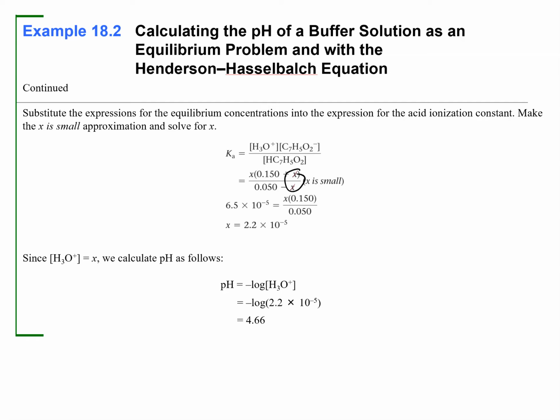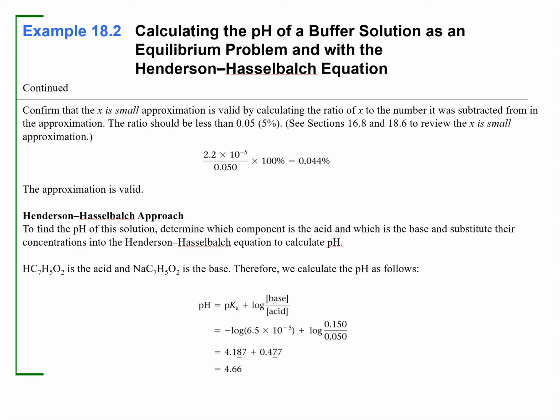And that's going to give us a fairly small value, which is going to be equal to the concentration of hydronium at equilibrium. So, knowing that, we can substitute that into our pH expression. pH equals the negative log of the concentration of hydronium, or H+, and that's going to give us a pH of 4.66.